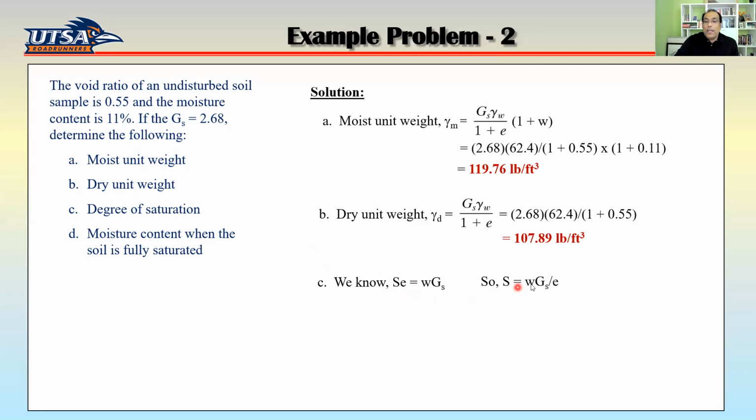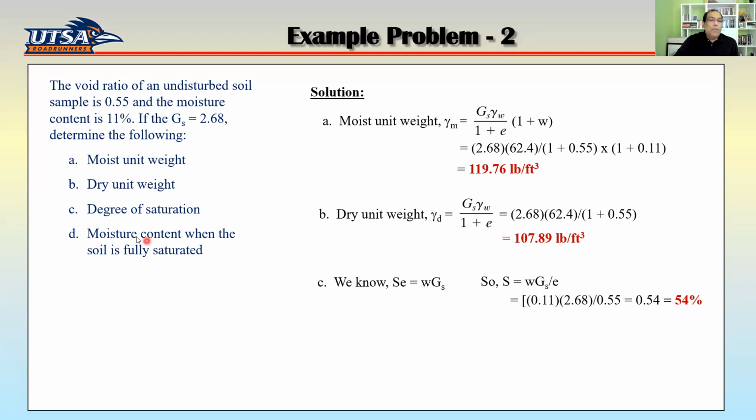So S is equal to w Gs divided by e. You get 0.54, so your saturation is 0.54 or 54%. That's up to you how you want to express that.